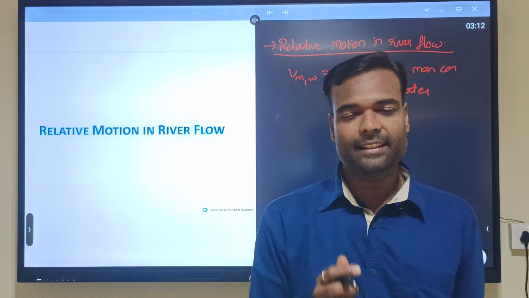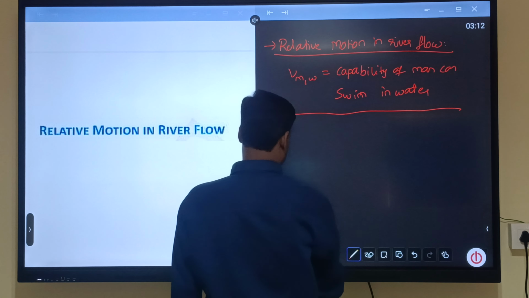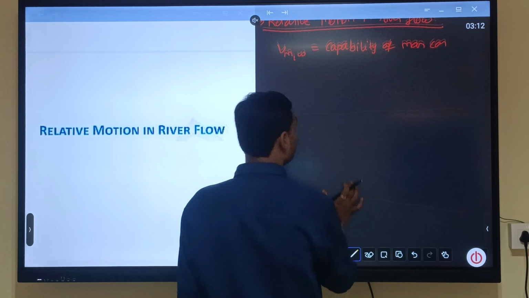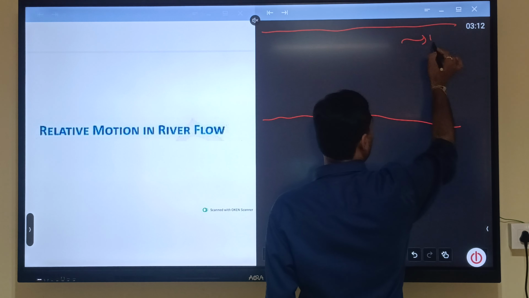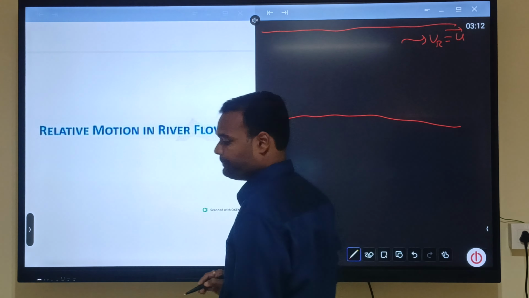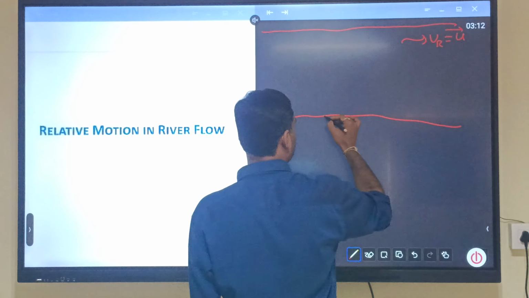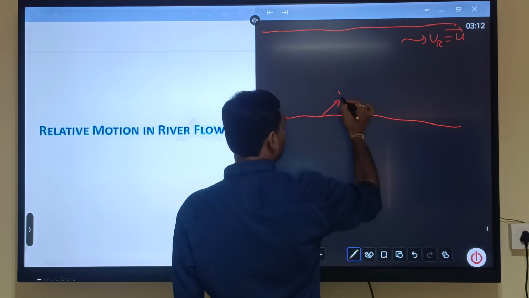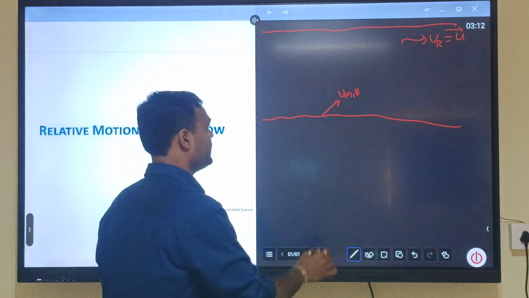Let us see a small concept. The change is that instead of a swimming pool, here a river is considered. This river is itself moving with velocity u in the rightward direction, and here a candidate is moving in this direction. This is the velocity of man with respect to river.